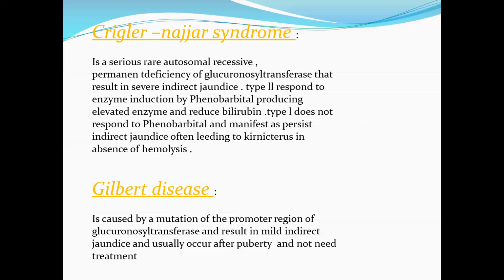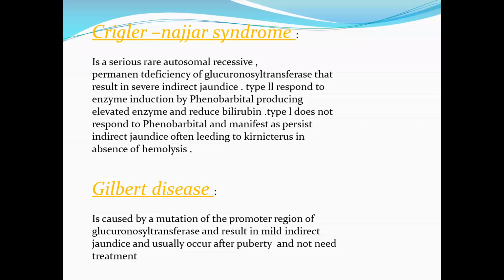Type 2 responds to enzyme induction by phenobarbital, producing elevated enzyme and reduced bilirubin level, while type 1 does not respond to phenobarbital and manifests as persistent indirect jaundice that may lead to kernicterus in absence of hemolysis. So type 1, autosomal recessive, has complete absence of the enzyme, while type 2 has partial absence of glucuronyl transferase enzyme.